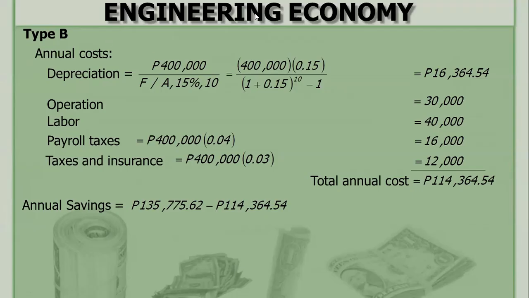If A is chosen, you just need an investment of 300,000. But if B is chosen, you have to spend 400,000. So therefore, you need an additional investment of 100,000 in order to choose type B.